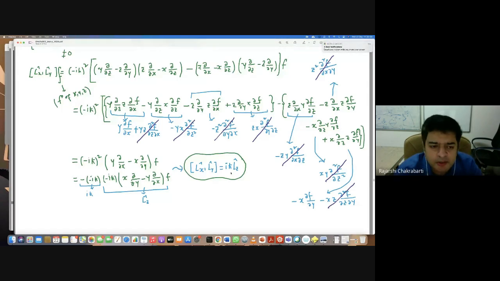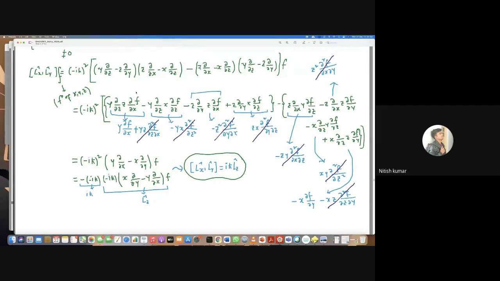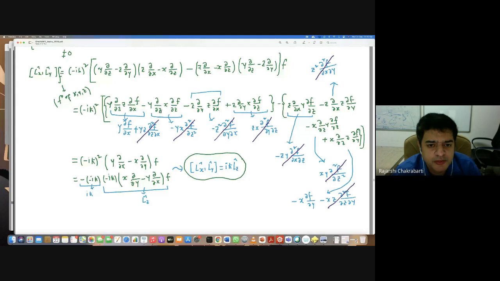The second term is very simple, because y ∂/∂z operating on x ∂f/∂z. Yes, because if I operate ∂/∂z on x, it will be 0.